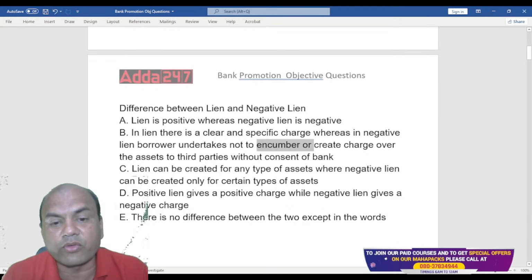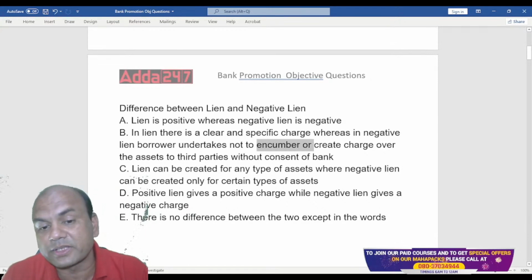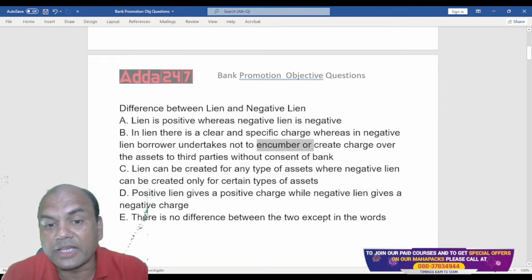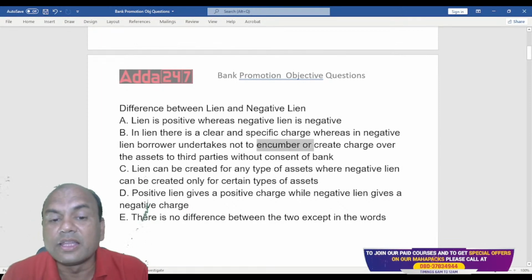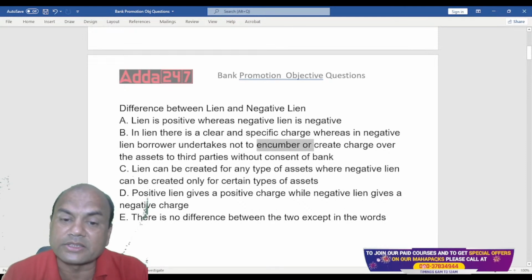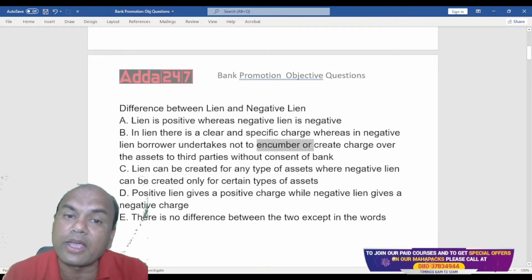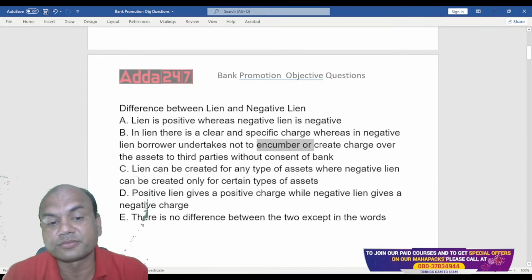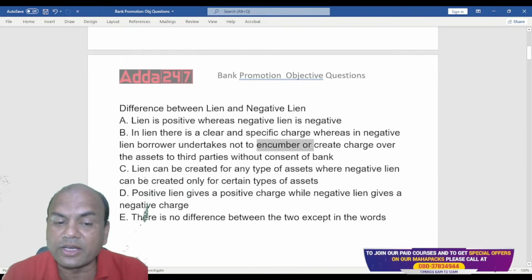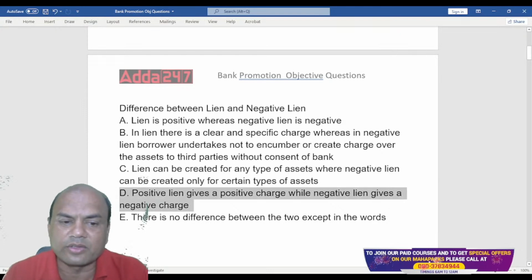Lien can be created for any type of assets, whereas negative lien can be created only for certain types of assets. It's actually the reverse, right? Lien can be created for certain types of assets, whereas negative lien can be created for any type of assets. Positive lien gives a positive charge, while negative lien gives a negative charge, zero value. So this part is out.